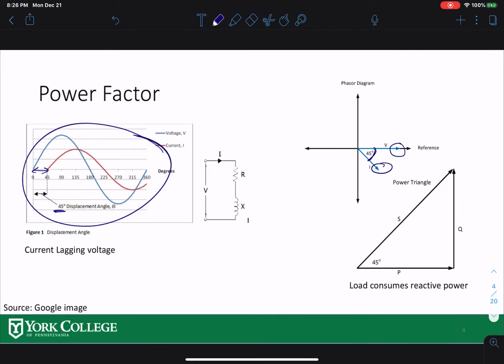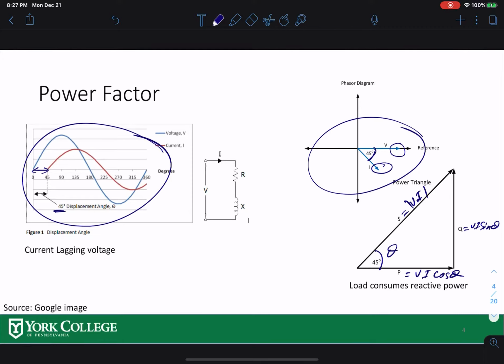Now, if you transfer this into the power triangle, P is VI cosine theta, Q is VI sine theta, and S, the apparent power, is just VI, the magnitude of V and I. This same angle is theta, which is 45 degrees. That is your voltage and current phasor diagram, and this is the so-called power triangle for P, Q, and S.